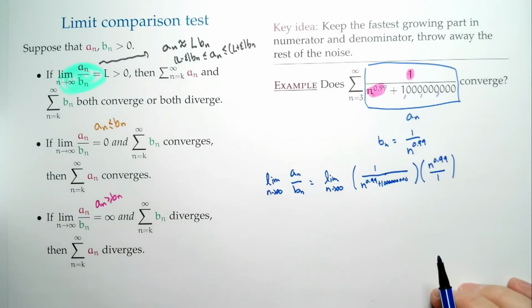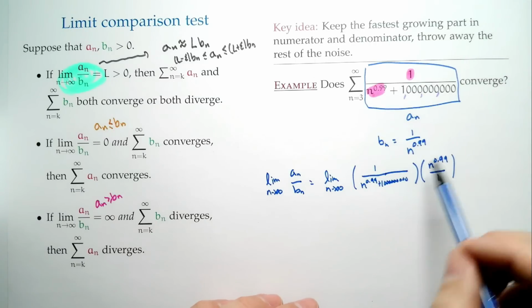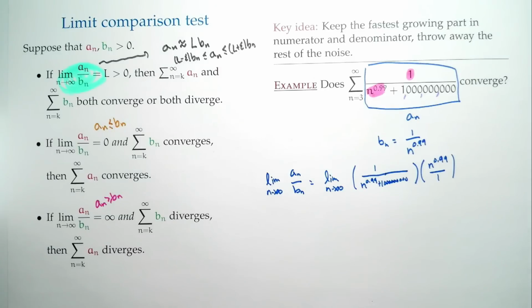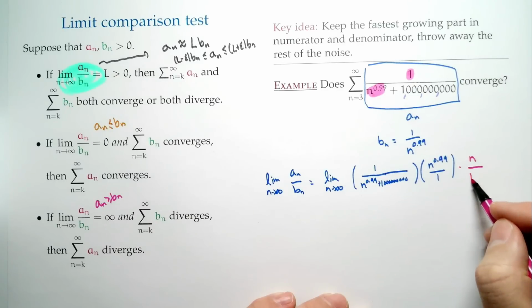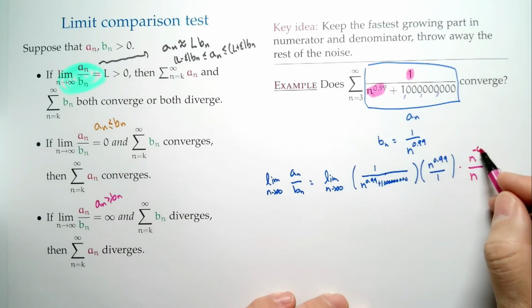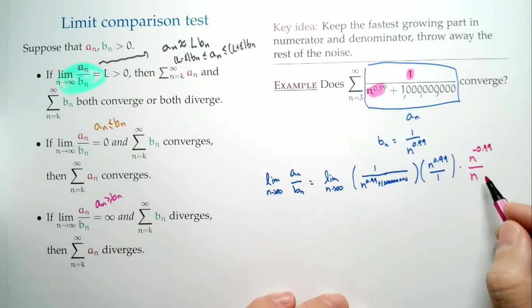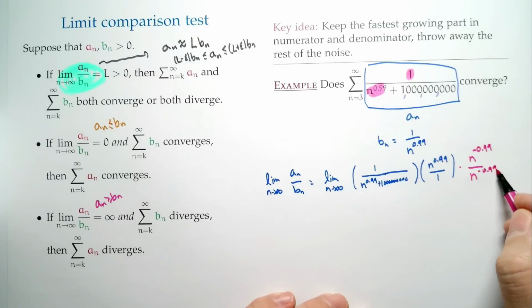All right. Now, what can we do? Well, let's slow it down. Why? Well, notice that the top, n to the 0.99, is going to get big as we go to infinity. And we're not going to slow it down by doing some L'Hopital. We'll slow it down using algebra. So let's multiply both the top and the bottom by that growth, reciprocated. In other words, we're going to cancel out that growth.